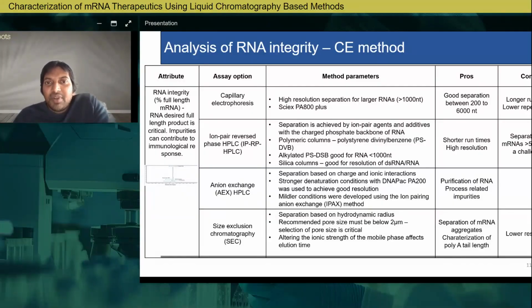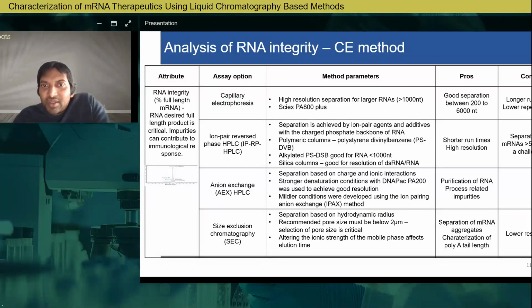The next method people have used previously is anion exchange, because you have a negatively charged backbone and you're using a positively charged system. So it's based on charge and ionic interactions. It needs stronger denaturation conditions, because here you're pushing for a higher pH or a higher salt concentration to make the RNA molecule interact with the column.